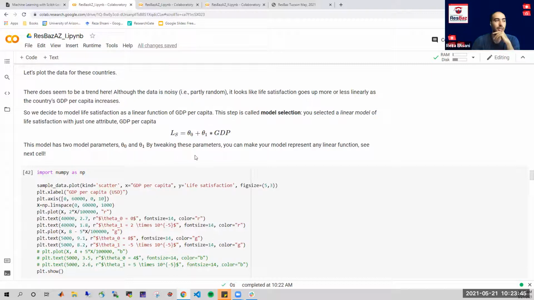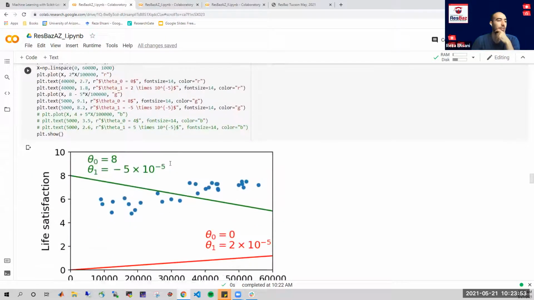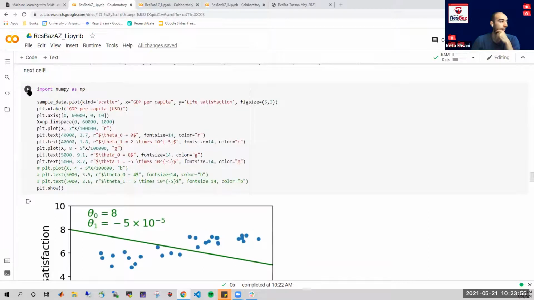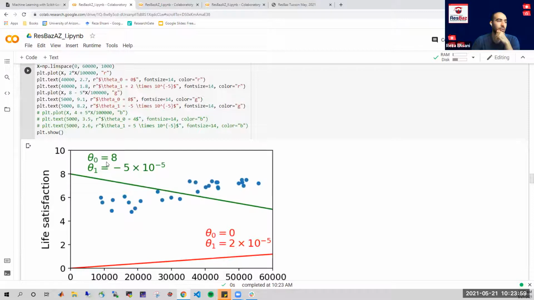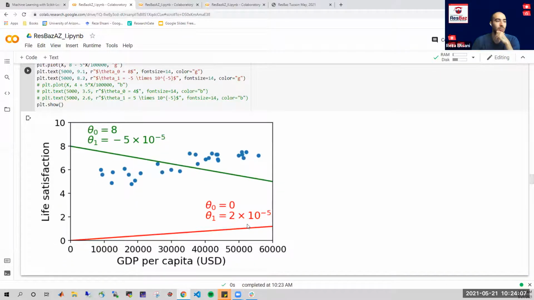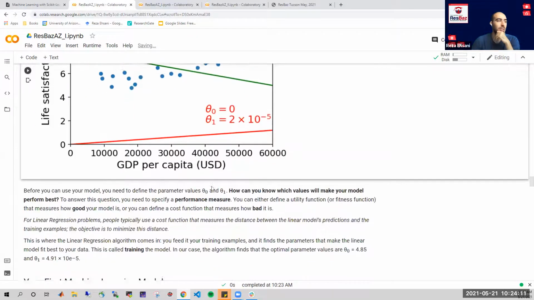By tweaking these parameters, we can make a model that represents the data in this data set. I have randomly set parameters for theta 0 and theta 1. The green line shows one of the trials I have, and the red one shows another trial, but none of these lines are really good.